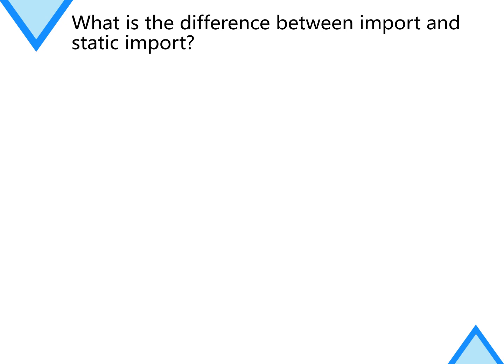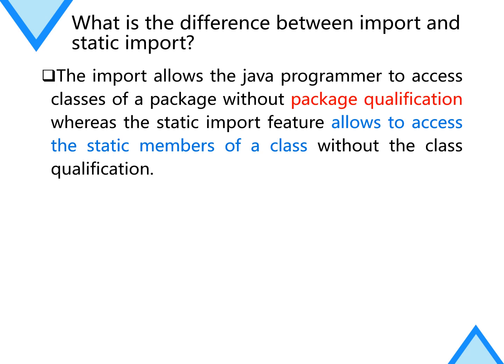What is the difference between import and static import? Import allows the Java programmer to access classes of a package without package qualification, whereas the static import feature allows access to the static members of a class. So the main difference is that static import provides access to the static members of a class without class qualification.